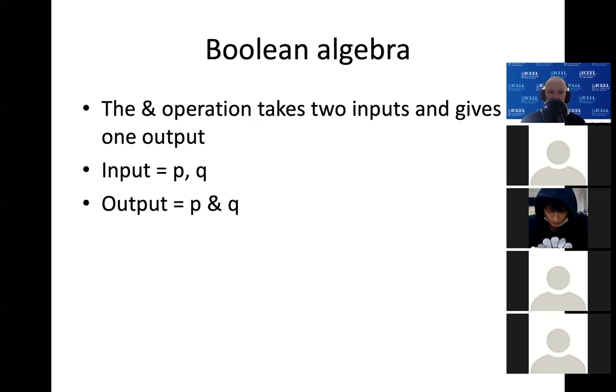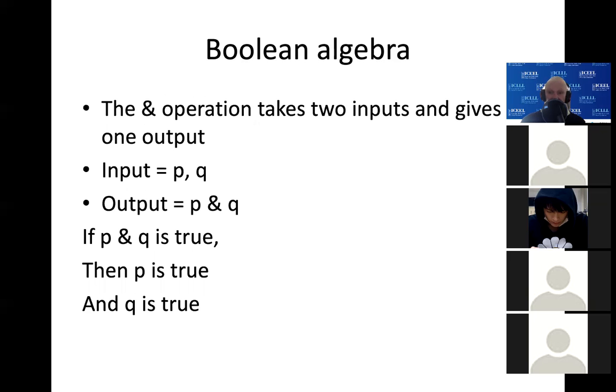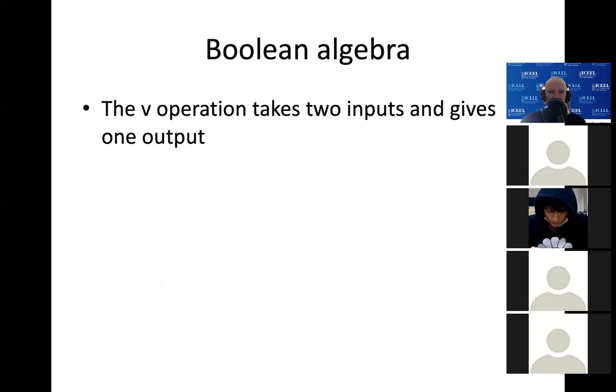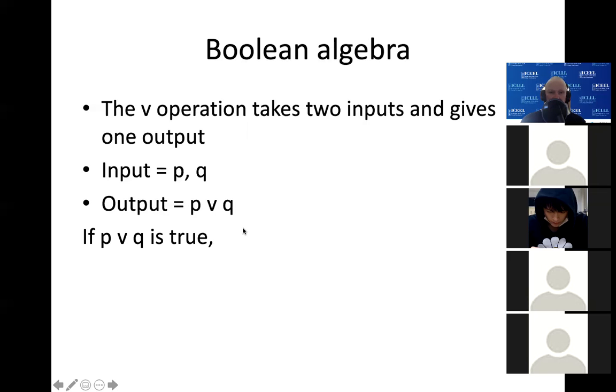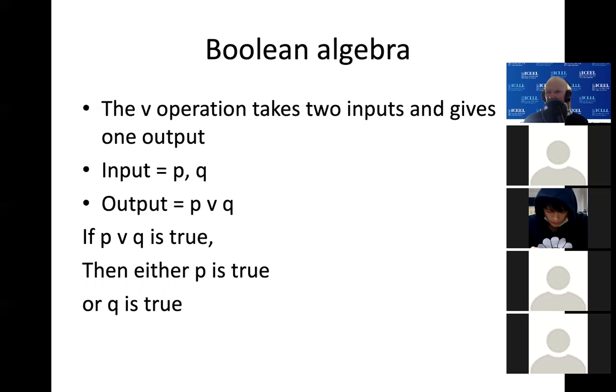Input P and Q, output P and Q. If P and Q is true, then P is true and Q is true. The OR operator takes 2 inputs and gives 1 output. Input P and Q, output is P or Q. If P or Q is true, then either P is true or Q is true. Yeah, it's easy, right?